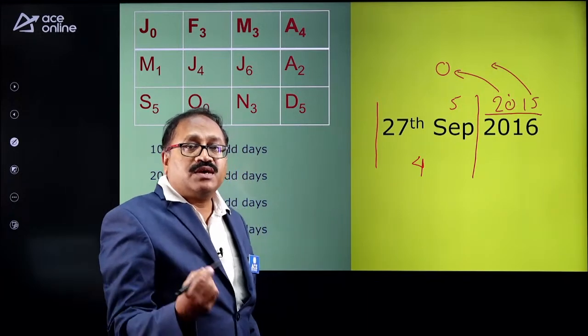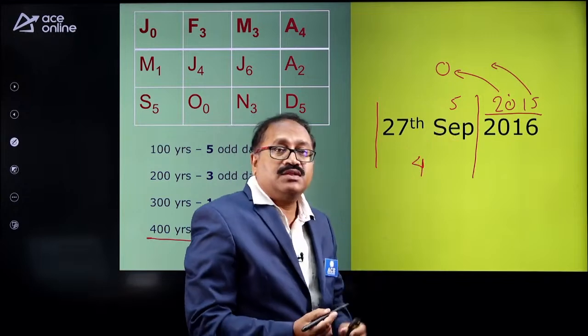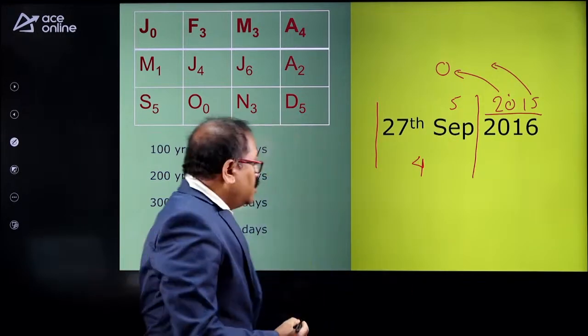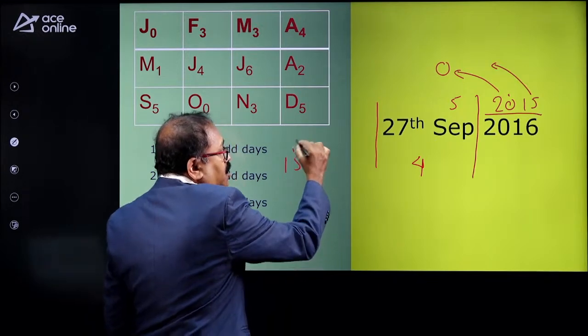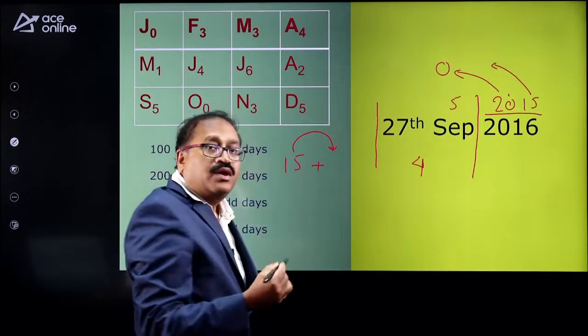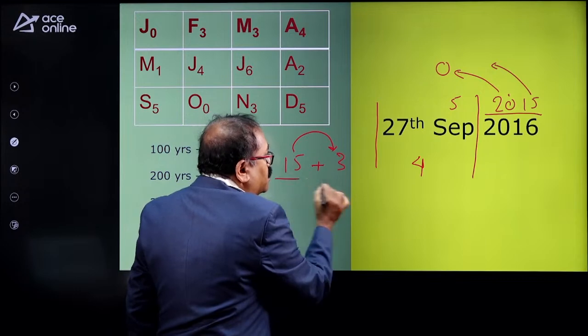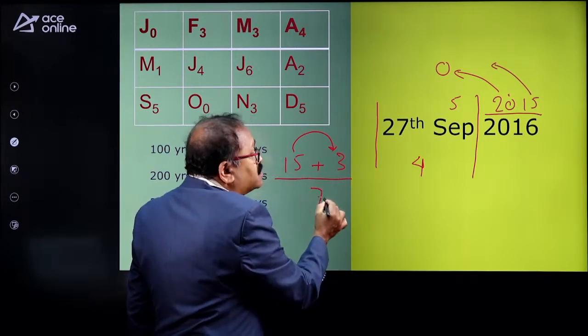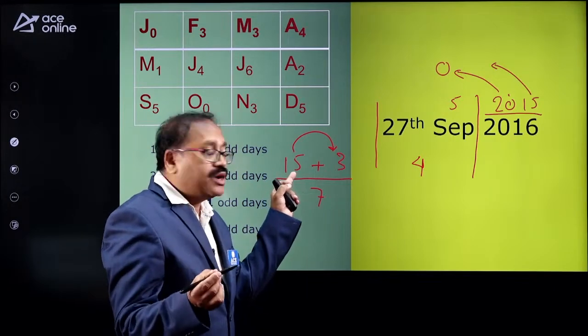So if you remember that 12 years, 0 odd day, then you can take another 3 odd days. Or else 15 plus the number of leap years in 15. That divide the 15 by 4. How many times? 3 times. So add the 3 over here and then divide it by 7.